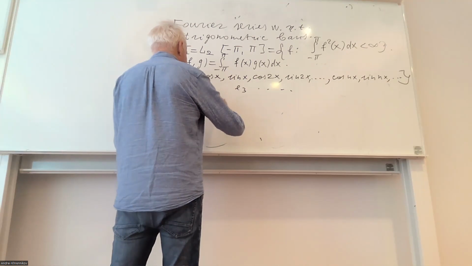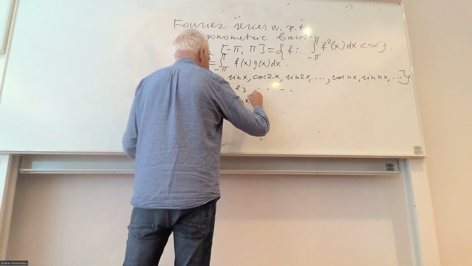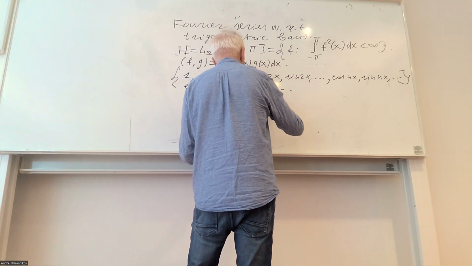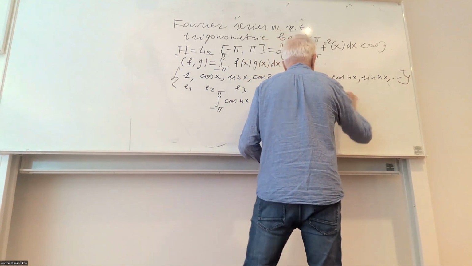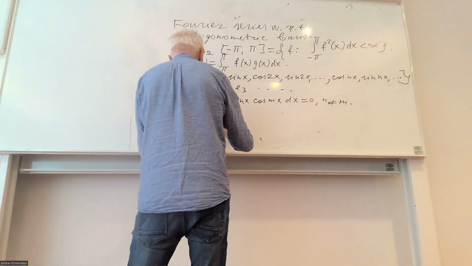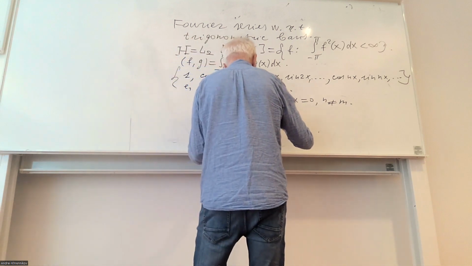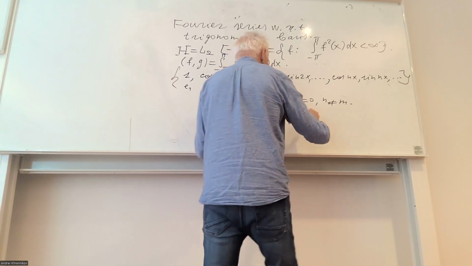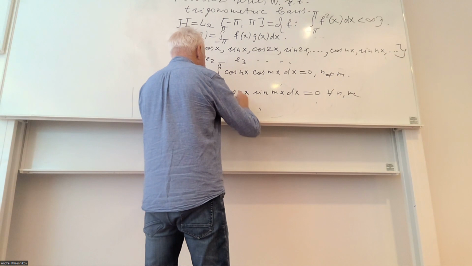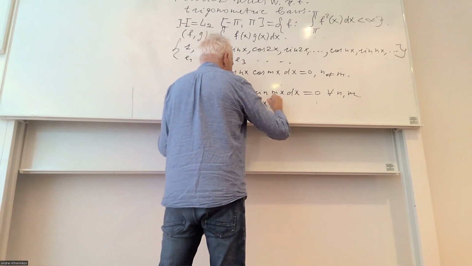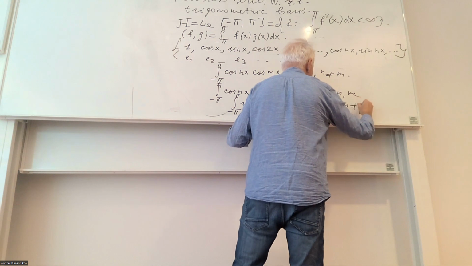We can write such equalities: the integral from minus pi to pi of cosine nx cosine mx dx is equal to 0, n not equal to m. And the integral of cosine nx sine mx dx is 0 for any n and m. And the last one, the integral of sine nx sine mx dx is 0, n not equal to m.